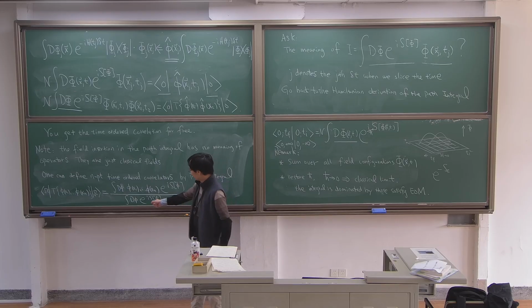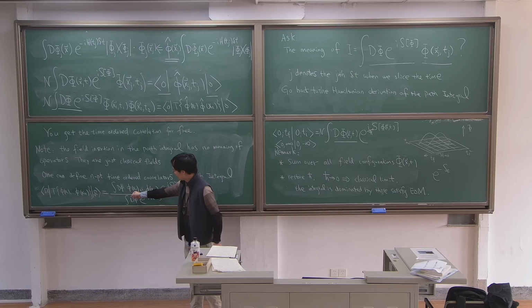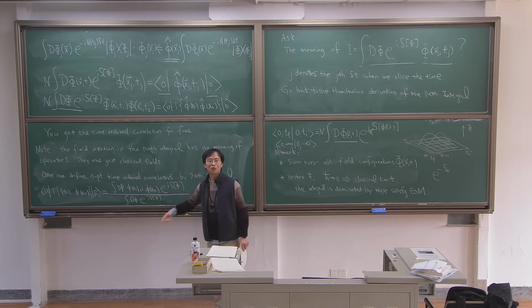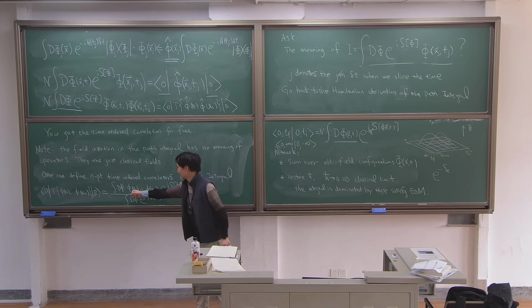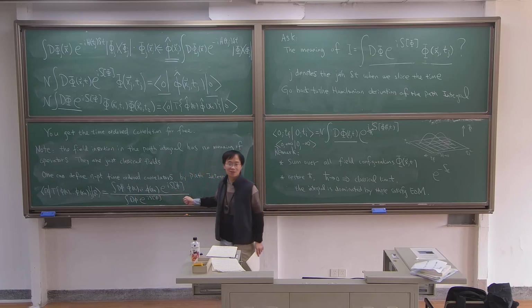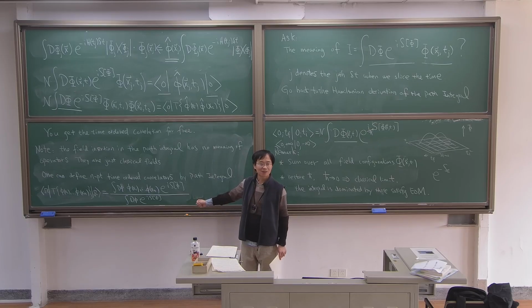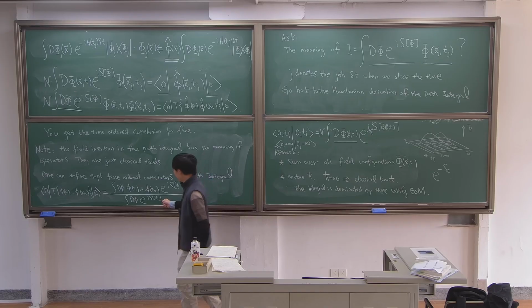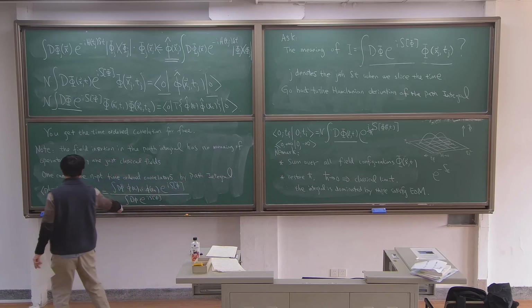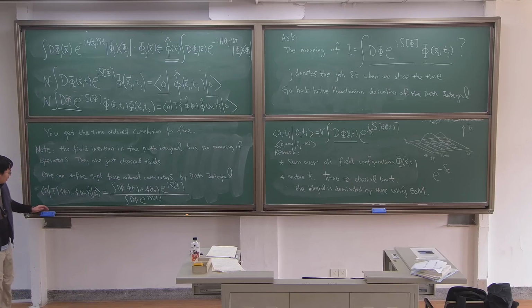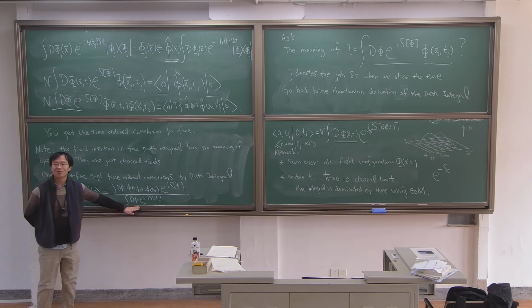If you turn off this phi, if you drop this phi field, this phi is just the identity. Then the right-hand side is equal to 1. So normalizing by this bare path integral is equivalent to saying, if you don't have this phi, you just take the overlap between this vacuum and this vacuum, you get 1.